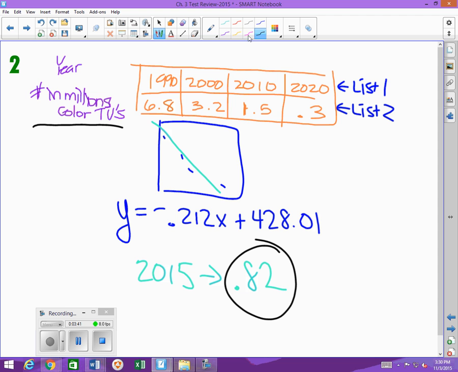The equation here, the negative 0.212 is the slope, which means the number of color TVs is dropping by 0.212 million every year. The 428 represents 428 million TVs in the year 0, which isn't possible because there were no TVs back then, but that is what they represent in the context of this problem.